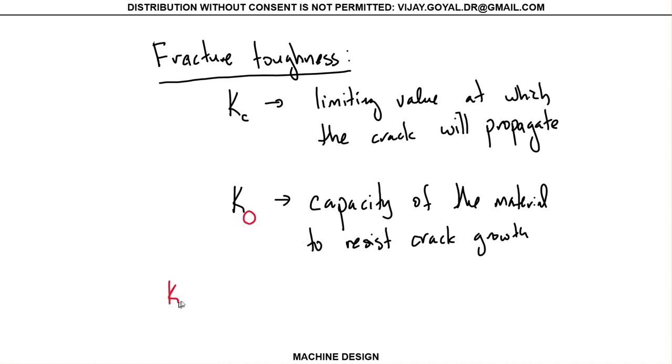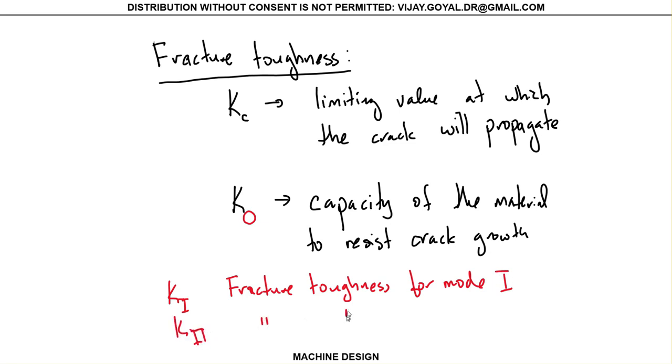So for instance, if I have K1, this is fracture toughness for mode 1. If I say K2, this is fracture toughness for mode 2. And same for K3: if I have K3, this is fracture toughness for mode 3.